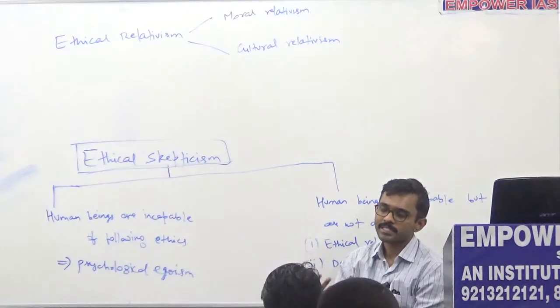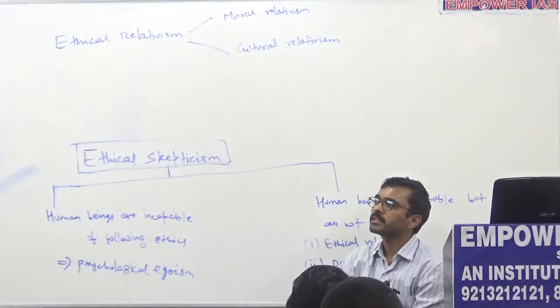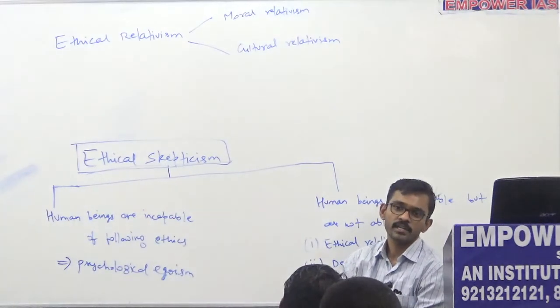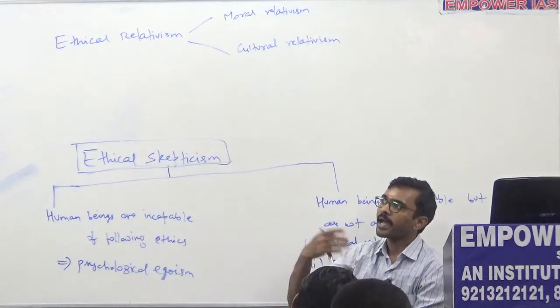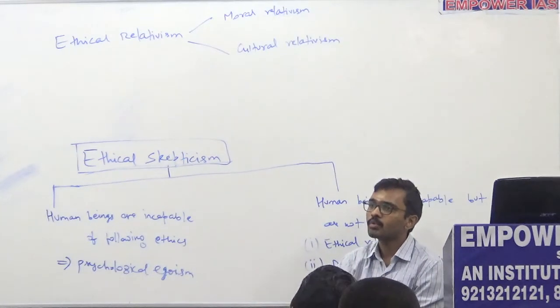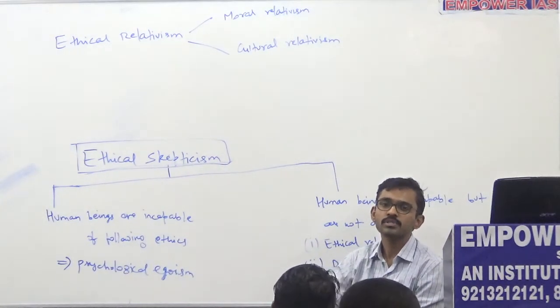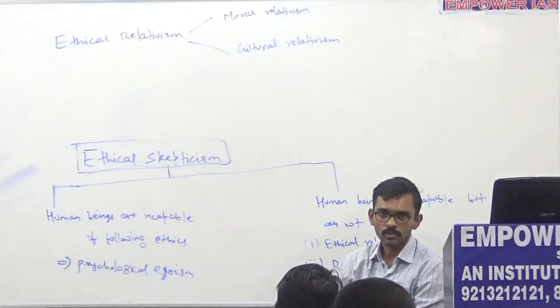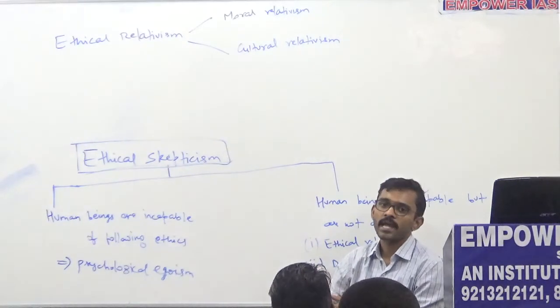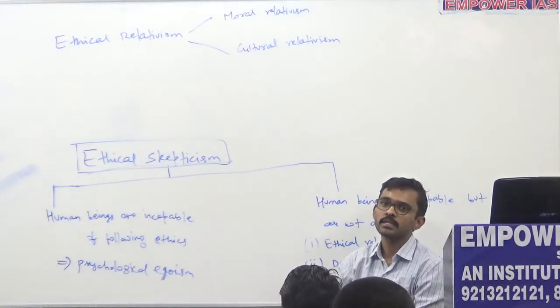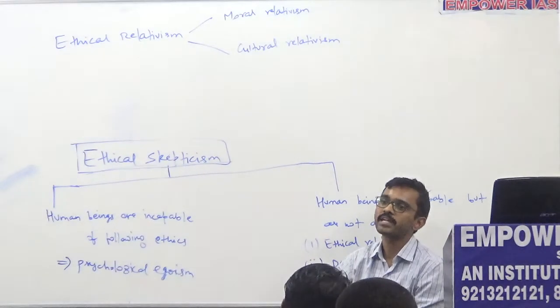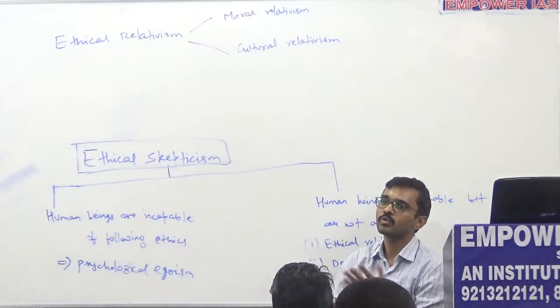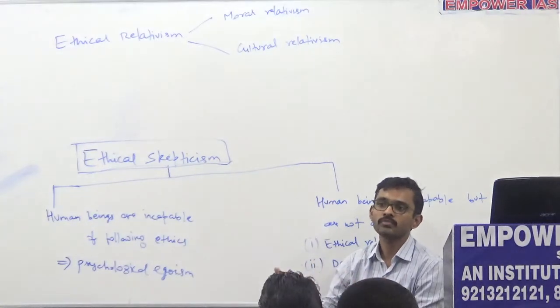For example, we have the UN Universal Declaration of Human Rights, UDHR. The values outlined in UDHR are universal values. For example, right to life, right to liberty, equality, brotherhood, all these values have been codified in UDHR. Now no society or culture can say that our culture does not allow us to follow these values.